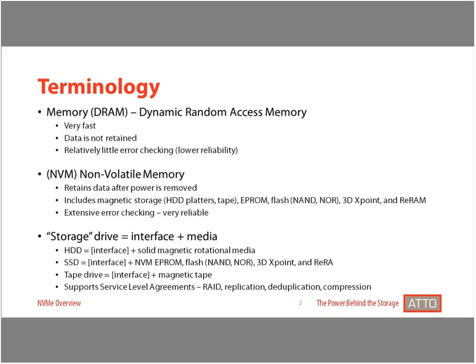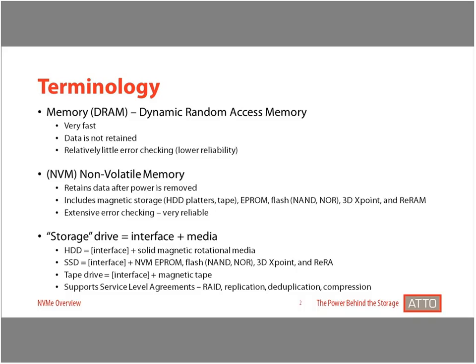That's known as DRAM, or dynamic random access memory. It's very fast, but the problem with it is that it is not retained when the power is lost. And there's very little error checking in this technology. It's not really necessary.